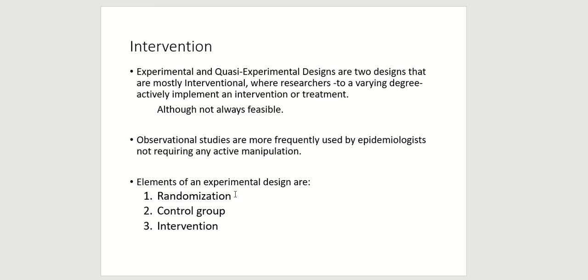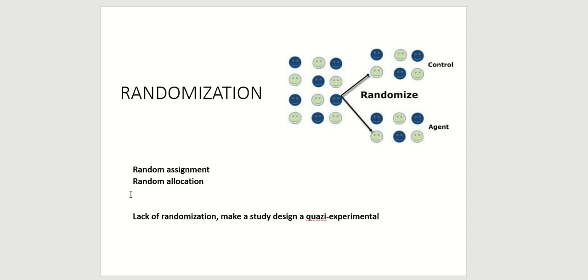Elements of an experiment are three: the R, the C, and the T. Here they put I, meaning randomization, control group, and the T or the I for intervention, meaning manipulation. So randomization is called random assignment or random allocation, not to be mistaken with random sampling. You're not actually taking a sample.